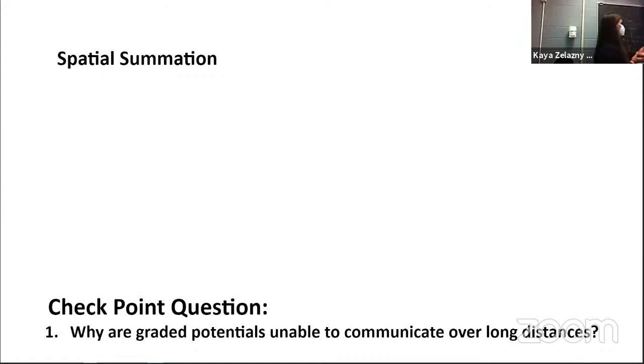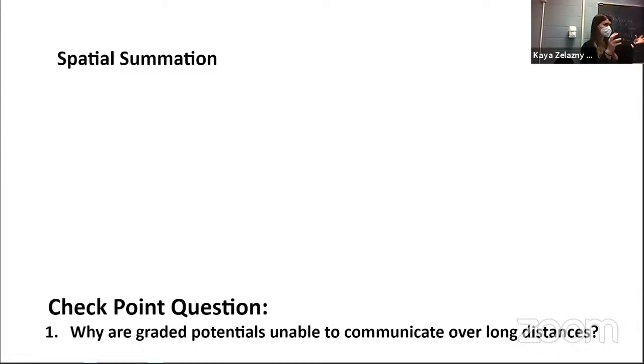Overall, as we're thinking about the properties of a graded potential, why do you think they can't communicate really far away? Like, why can't you get a graded potential going all the way to the end of the axon, to the axon terminal? Exactly, yeah.